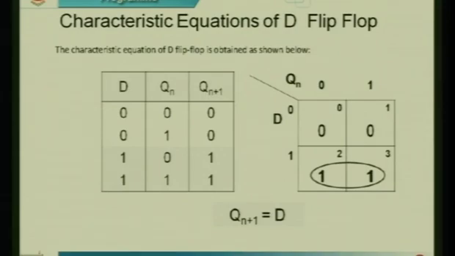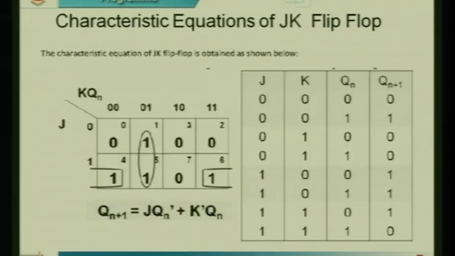I am giving the conditions here, D 0 0 and 1 1, D and Qn, then I make 4 combinations out of it. Since Q follows D, whenever D is 0, Q is 0, and D is 1, Q is 1. So I represent D and Qn as input to a K map, and I get the equation for Qn plus 1, that is nothing but D.